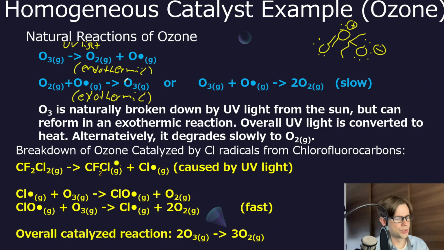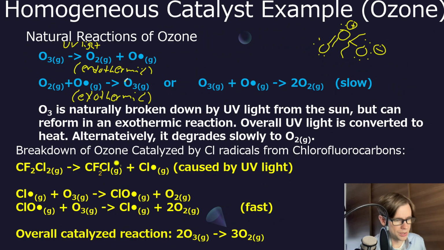So basically, we're transferring UV light energy. It's absorbed as the activation energy of the top reaction, and then the exothermic reaction releases heat underneath. So basically, there's a transfer of UV light energy to heat energy, just as O3 is broken apart and reformed.